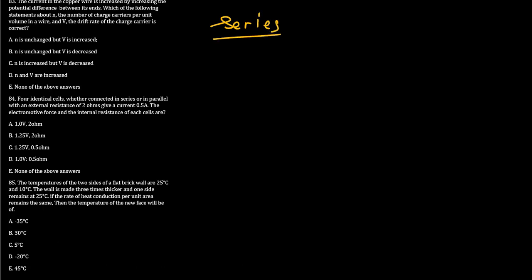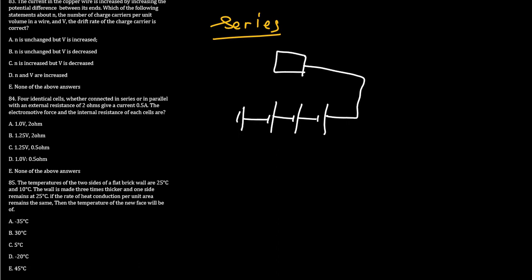So if they are connected in series to an external load, we have 4 of them, connected to an external load, and so this has a resistance of 2 ohms. This has EMF E, let's call this E.